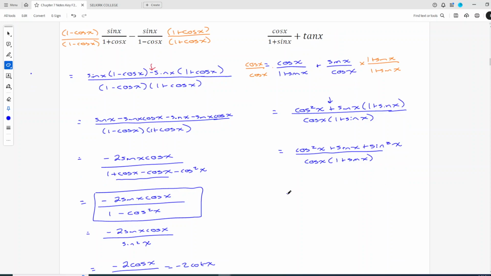So what I need you to see is a Pythagorean identity. Can you find it? Remember, you can change the order of things, right? This could be cos squared x plus sine squared x plus sine x. That's your Pythagorean identity. Cos squared x plus sine squared x is 1, plus sine x, all over cos x times 1 plus sine x.